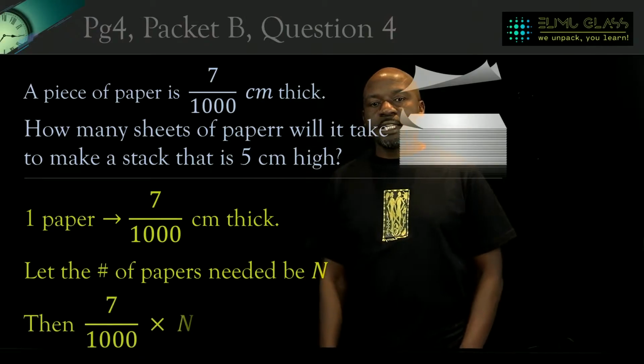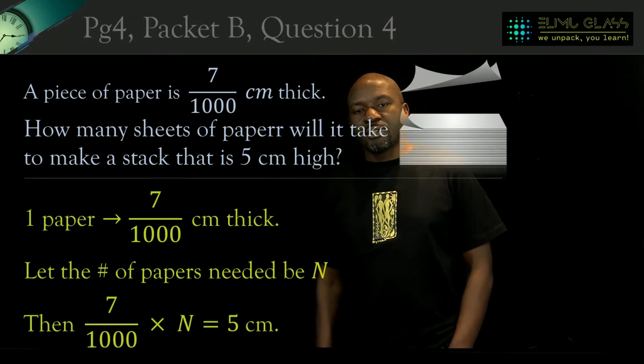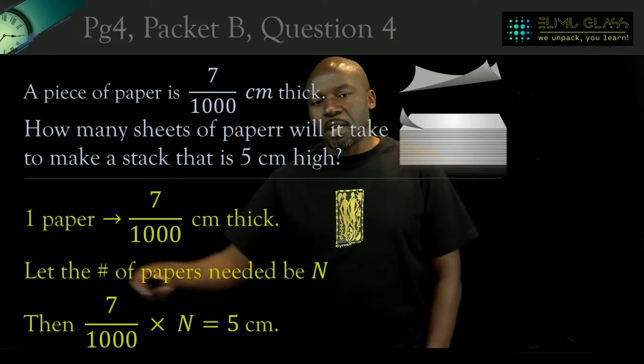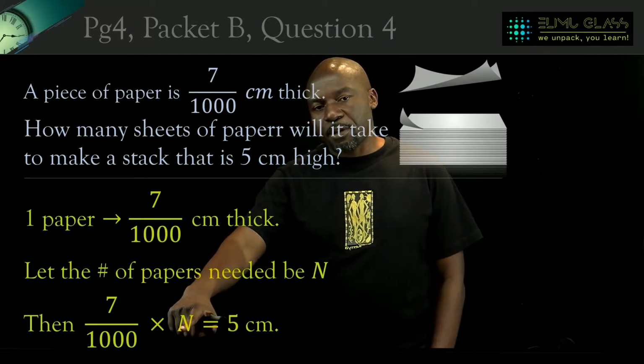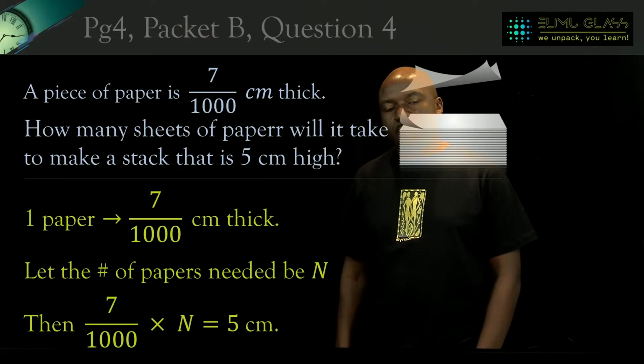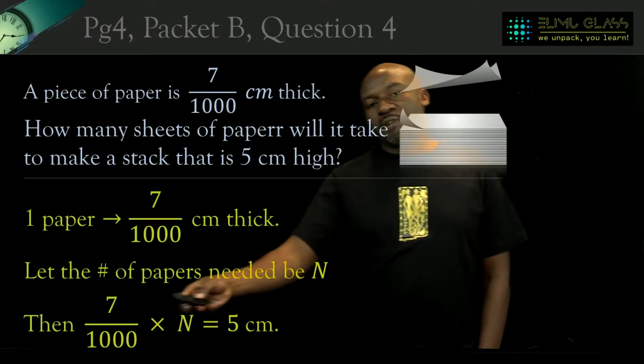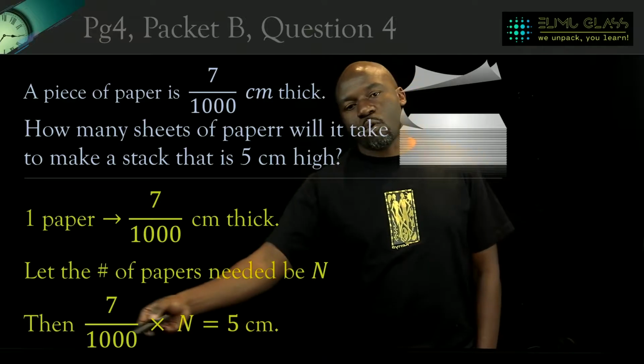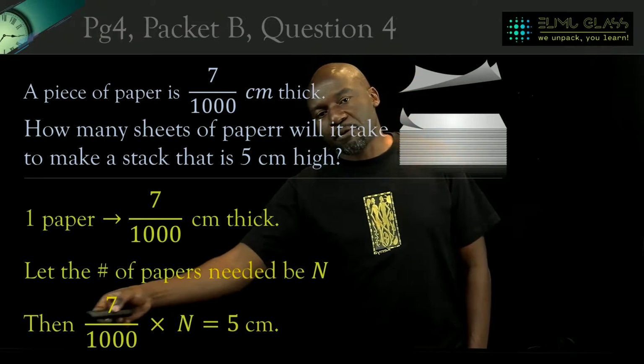So we can write then 7 out of 1000, the thickness of one paper, multiplied by the number of papers, n, must be 5 centimeters thick. All we have to do now is divide both sides of this equation by 7 out of 1000.